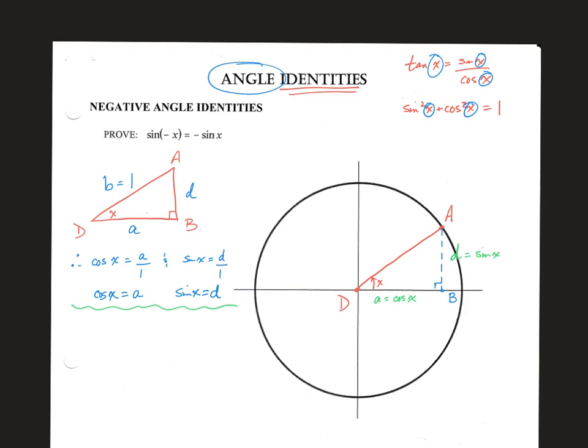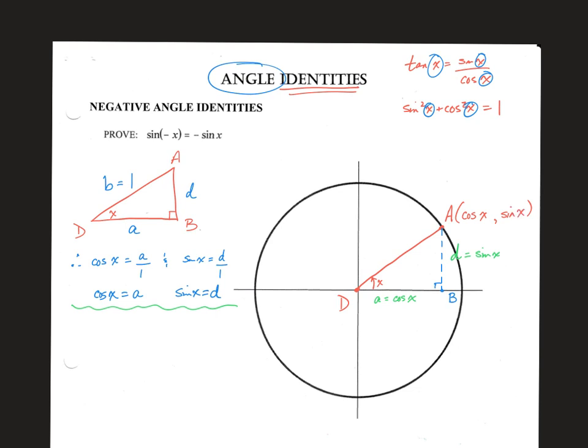Now, why is that important to us? Well, that's extremely important because I can now label the coordinates of point A. How do I get to A from D? I would have to go across cos X units and up sine X units.